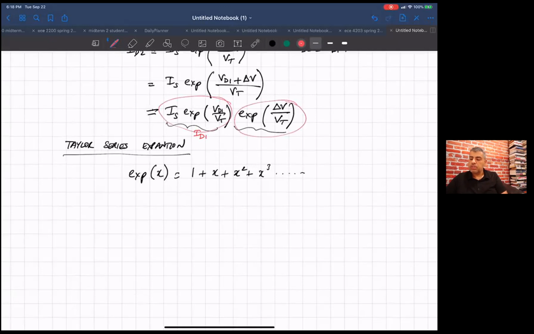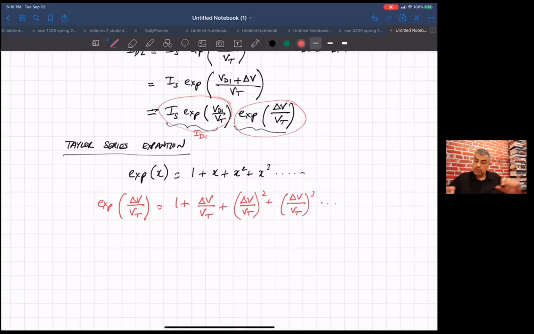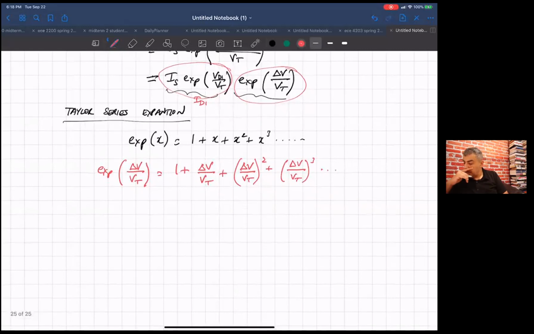So we're out to simplify the other term. The Taylor series expansion of exponential of delta V over V sub T is 1 plus delta V over V sub T plus (delta V over V sub T) squared plus (delta V over V sub T) cubed, etc. So far so good. I haven't made any approximations or anything. Everything's good.